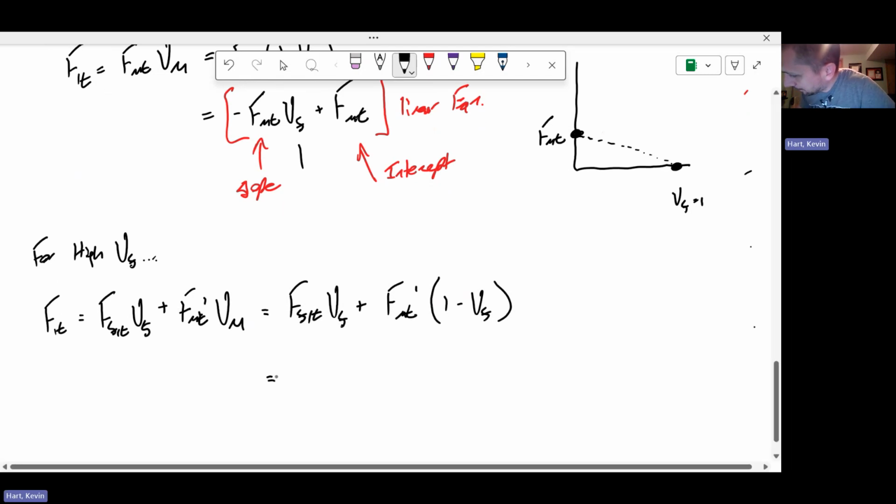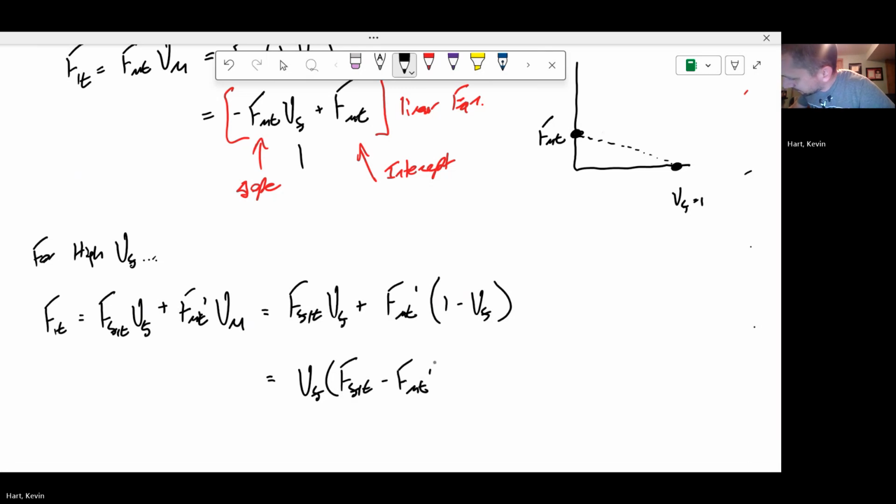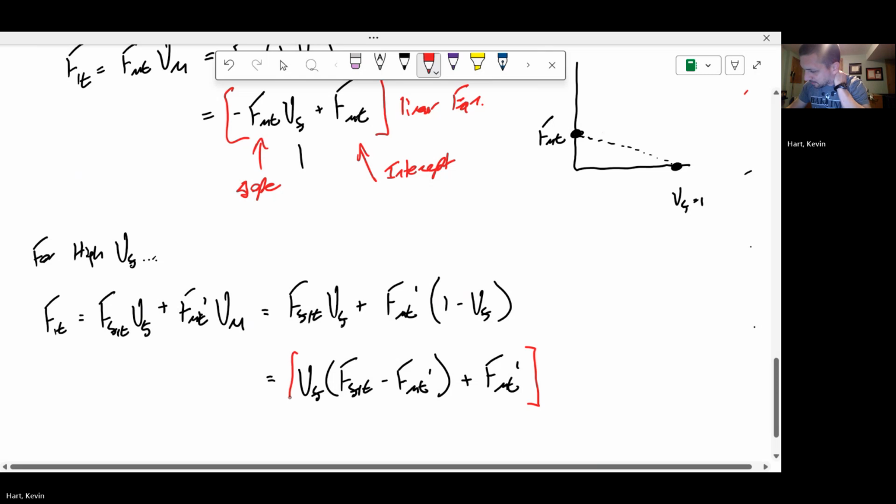Rearrange slightly. And here we are. This is again a linear equation in VF.